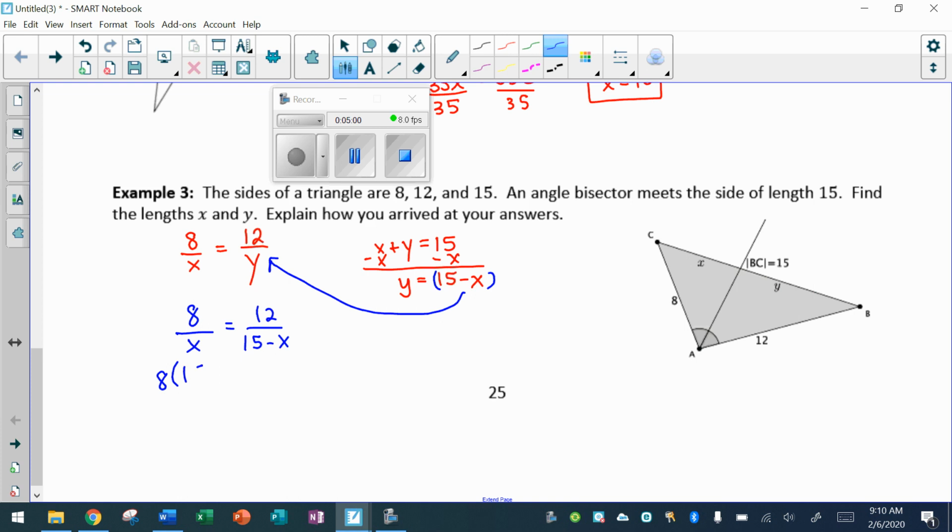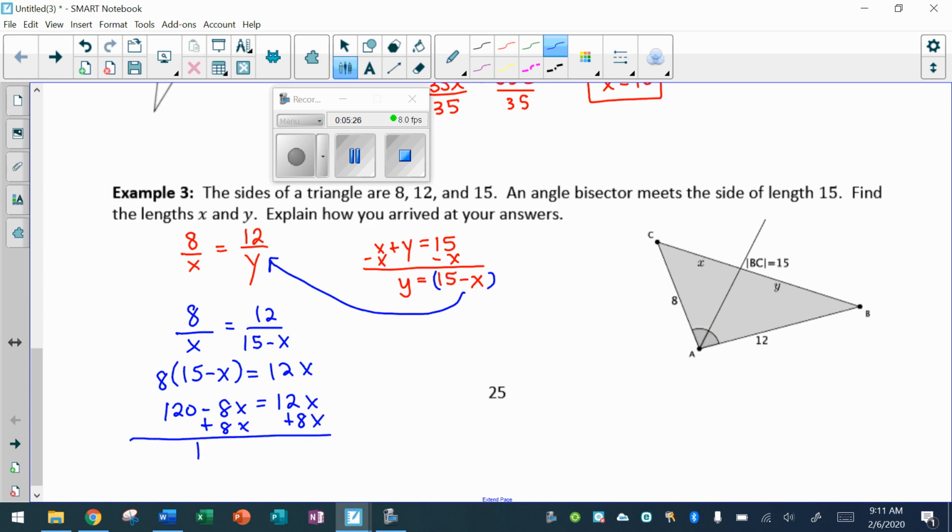So I have 8 times 15 minus x, and 12 times x. I have to do 8 times 15, which is 120, and 8 times negative x, which is negative 8x, is equal to 12x. And then I'm going to probably add 8x to both sides.